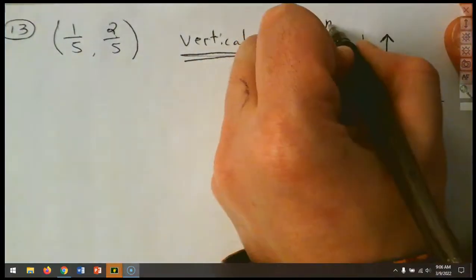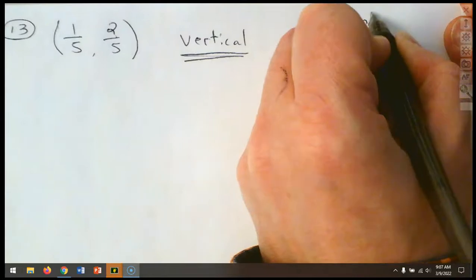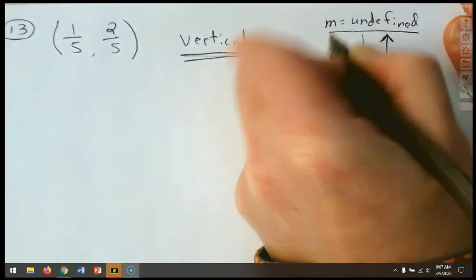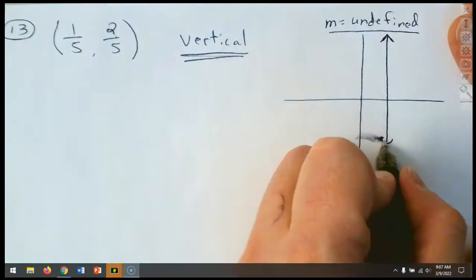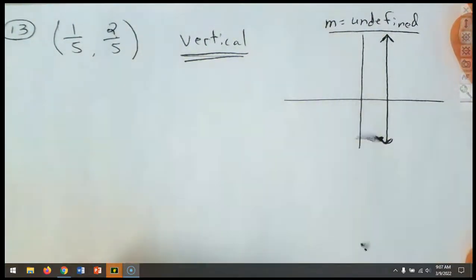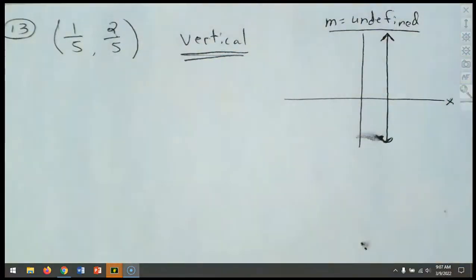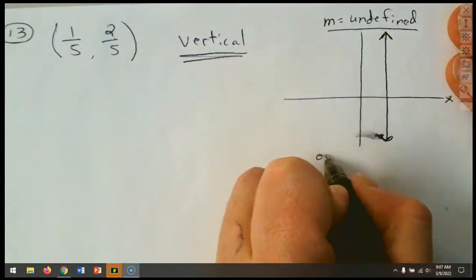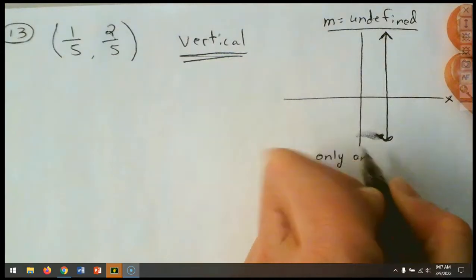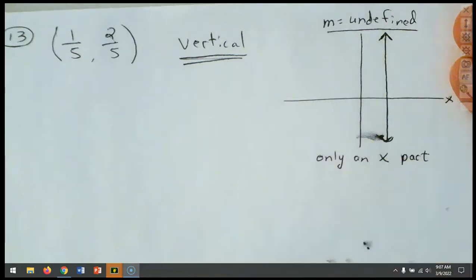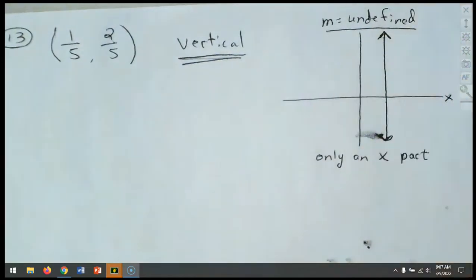A vertical line has an undefined slope. And on a vertical line, what does it cross? It crosses the x-axis. So what are you going to have? Only an x part. Because it's a vertical line, it only crosses the x-axis.